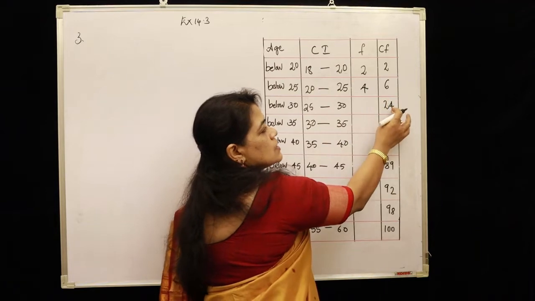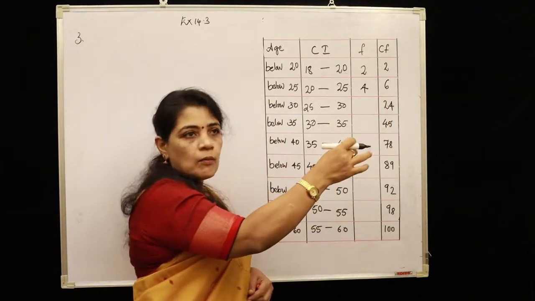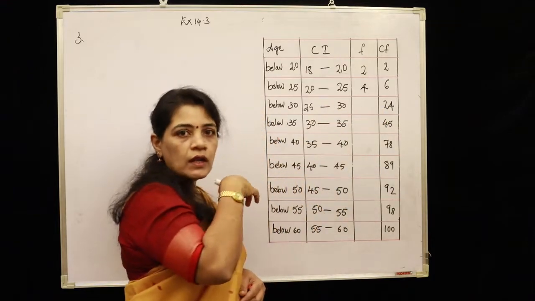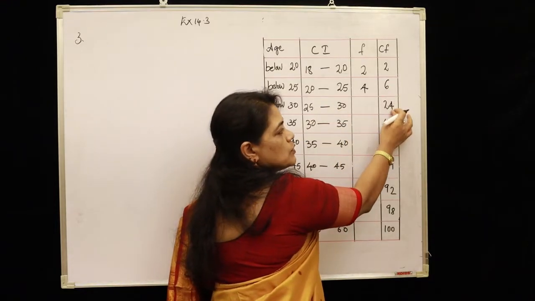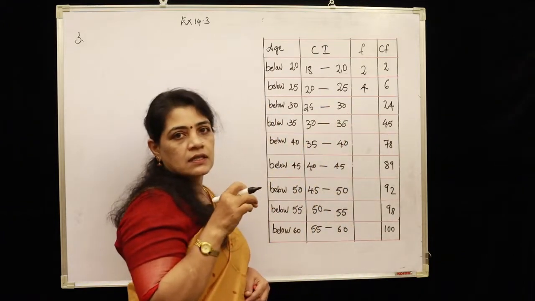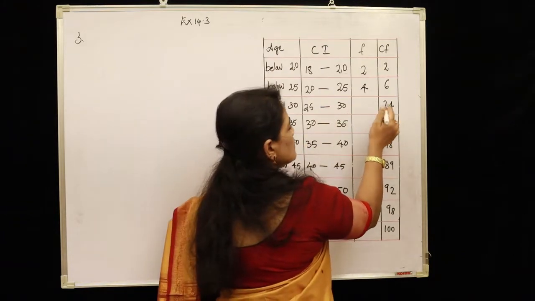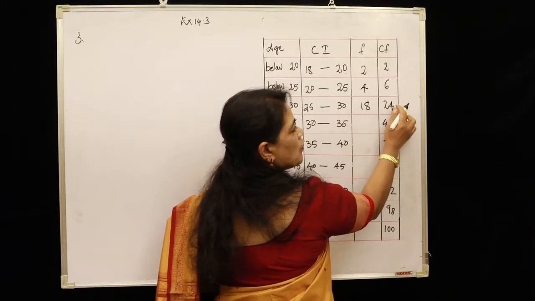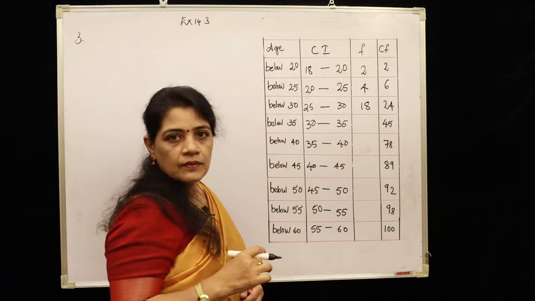Likewise, this 24 is the sum of these three frequencies, so if you subtract 6 from 24, you will get the frequency of the third class interval, that is 24 minus 6, which is 18.